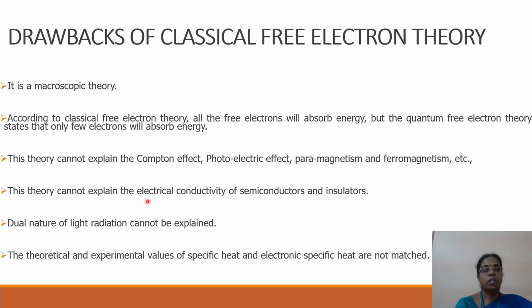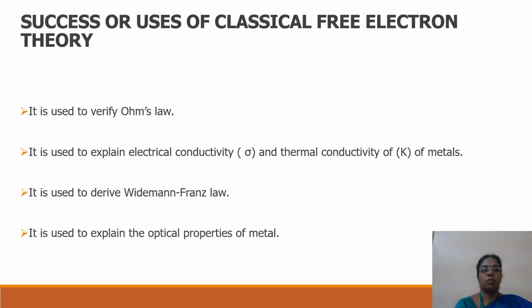The theory cannot explain the electrical conductivity of semiconductors and insulators. The dual nature of light cannot be explained by the classical theory, and there are many discrepancies. The experimental and theoretical values do not match for the specific heat calculation, Lorentz number, etc. So these are the drawbacks of classical free electron theory.